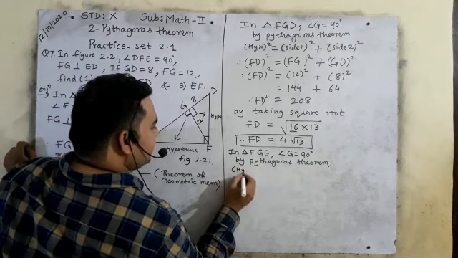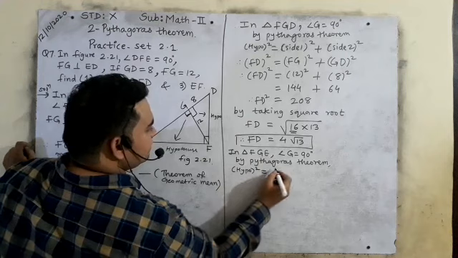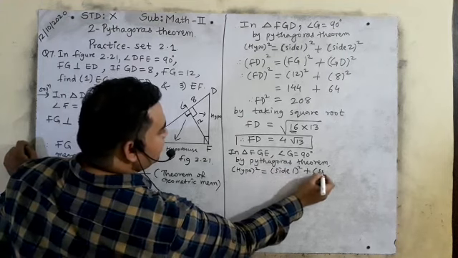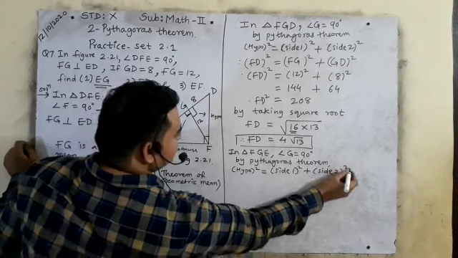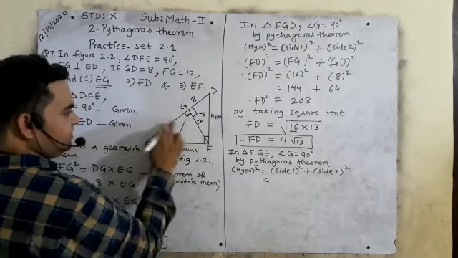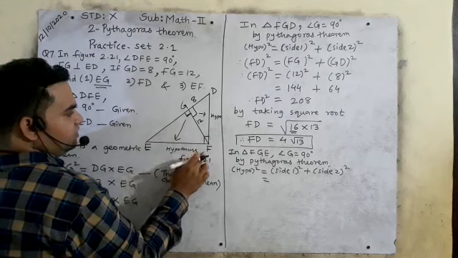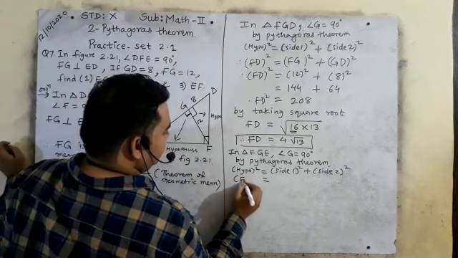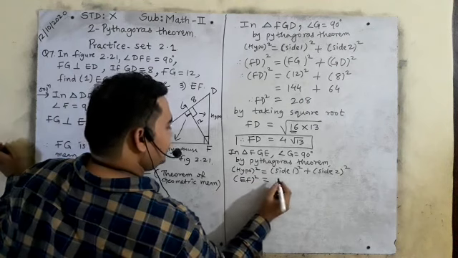Hypotenuse square is equal to side 1 square plus side 2 square. What is the hypotenuse here? EF is the hypotenuse.